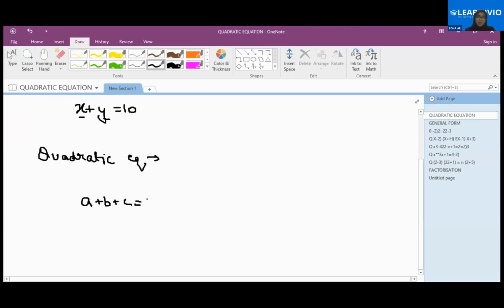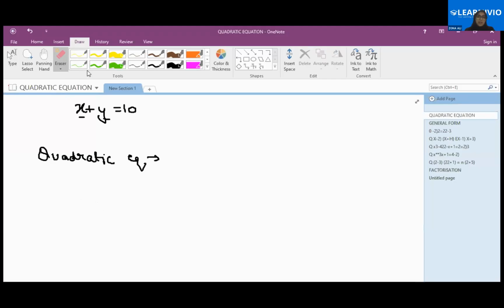No. See, this is not a quadratic equation. This is the example of linear equation in three variables. You can see the highest power of the variable is what? 1. Yes. So this is not the example of quadratic equation. This will go under the linear equation.